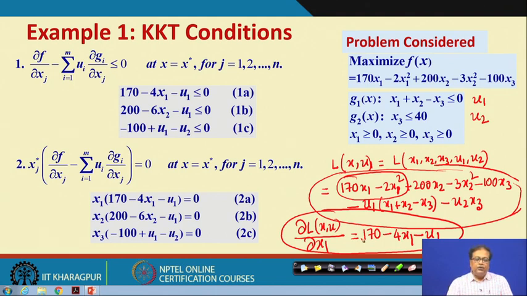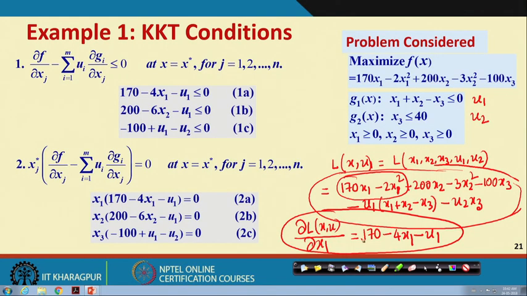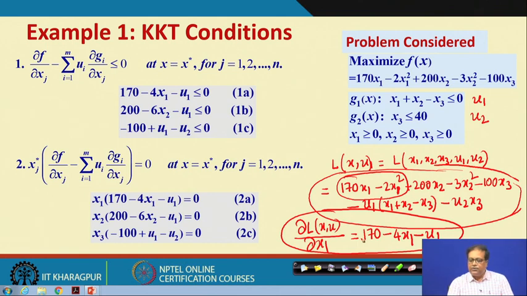But it will not be possible in KKT conditions, because we have strict conditions that all ui's should be greater than or equal to 0. So, we have to take the negative sign by making the problem one of maximization. This must be remembered: you cannot substitute here.